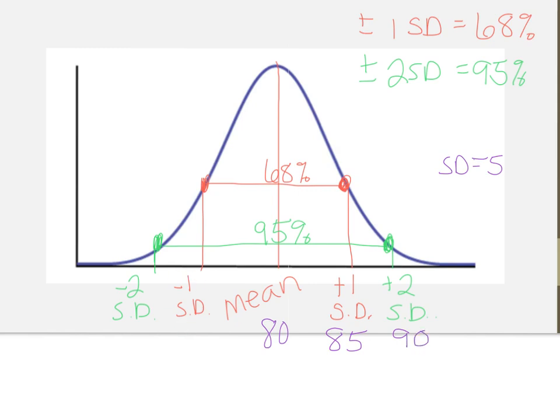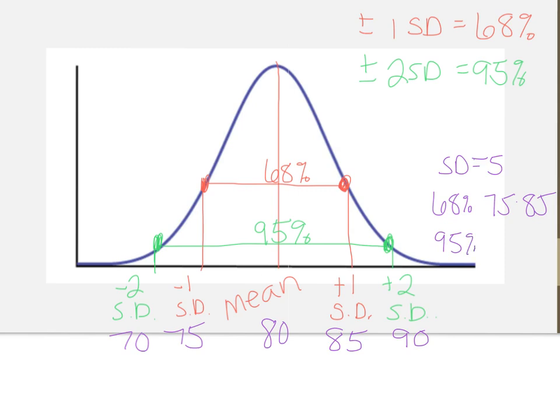One standard deviation below would be 80 minus 5, which is 75, and 2 standard deviations below would be a 70. So what do all these numbers mean? Well, the mean was 80. That means 68% of the students in my class scored between a 75 and an 85. They scored between 1 standard deviation above and 1 standard deviation below.